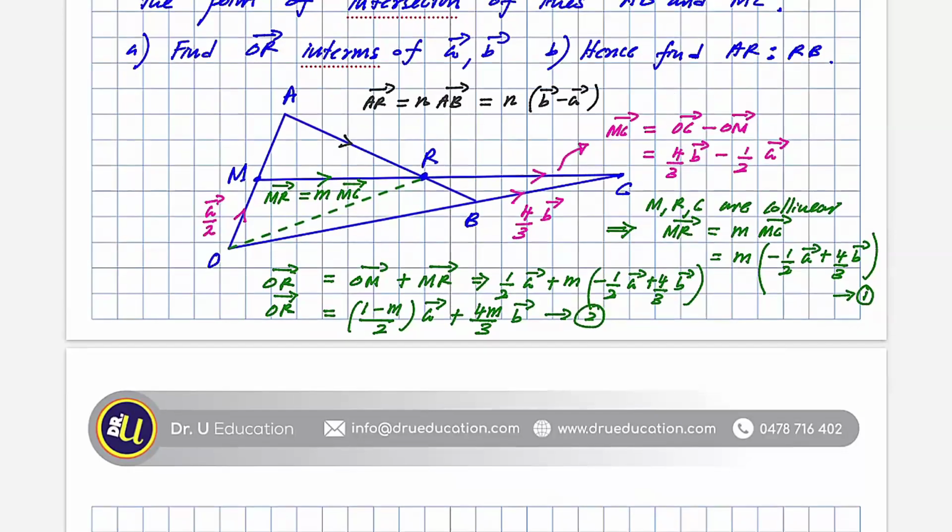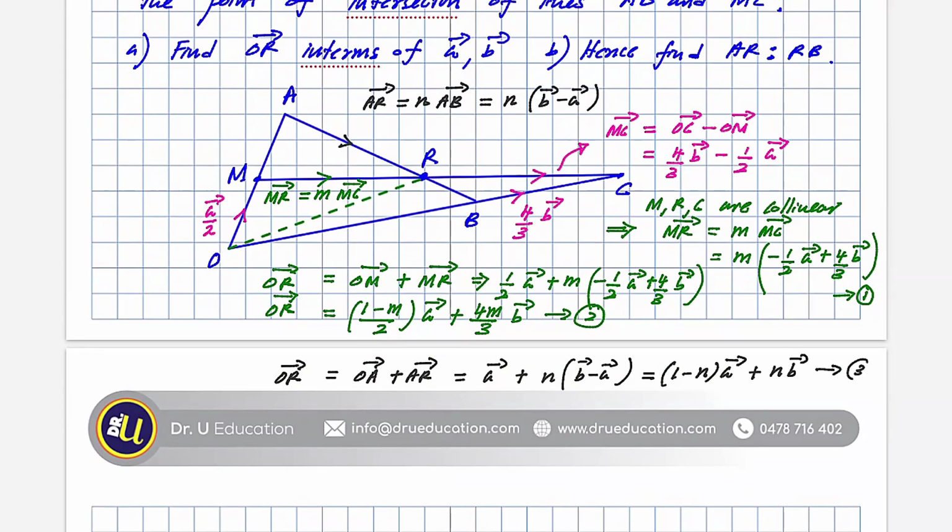So now you can write OR with OA plus AR. This is again vector addition. So this is going to be A plus N times (B minus A). Now if you arrange this, this is going to be (1 minus N)A plus NB, and that's our third equation.